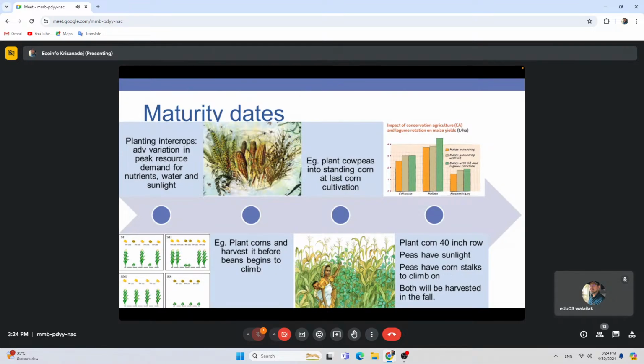Okay. The example here is plant corn and harvest it before the bean begins to climb. And then once you're collecting the corn, the corn stalk is just standing there. So the bean can climb the dry stalk. So you don't have to find a stick for the bean to climb.